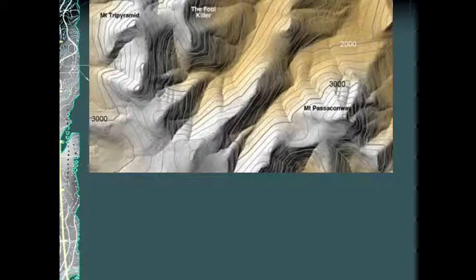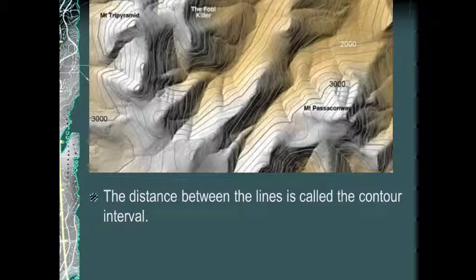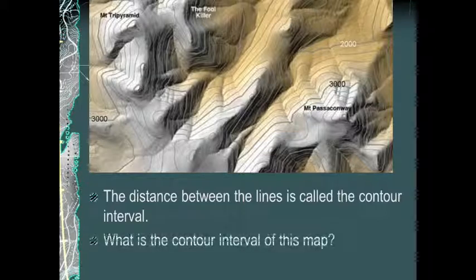So here we have a map. On this map right here shown in the screen, our first question is, what is the contour interval on this map? So we're going to have to figure out two different places and then count the number of lines between them.